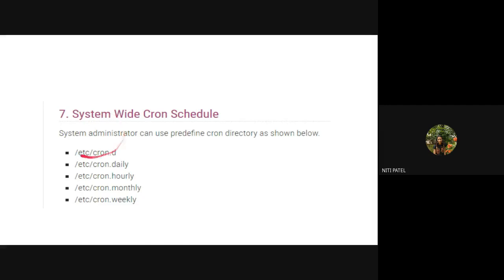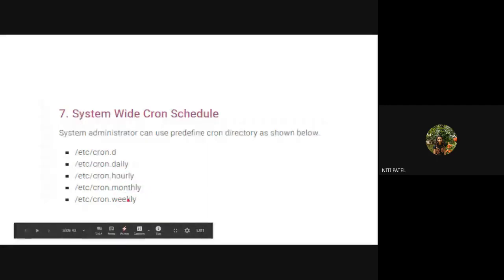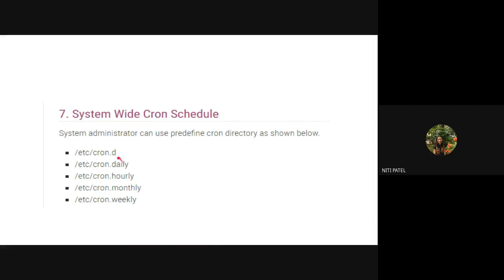Now what are they? When I type /etc/cron.d, or if I type /etc/cron.daily or .hourly, .monthly, .weekly. So what it will do, automatically on one particular day, it will take a backup. If I write daily, it will take the backup daily. If I write hourly, it will take the backup at every hour.